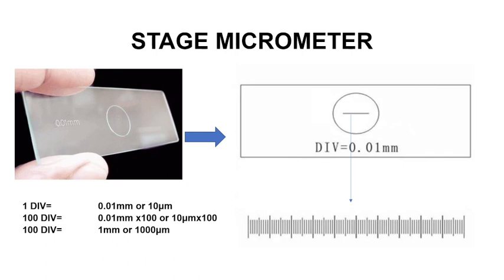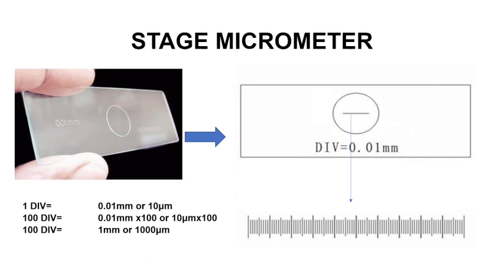So each division of the stage micrometer will be 0.01 millimeter, and the 100 divisions will be equal to 1 millimeter, or 1000 micrometer.